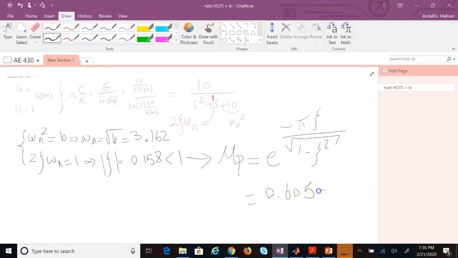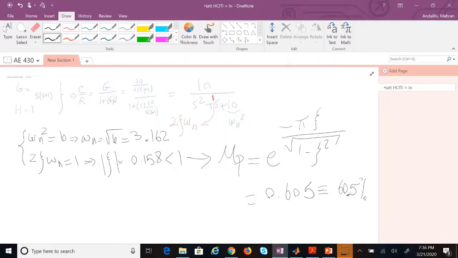Which translates to what? 60.5%, right? If it's a unit step function, instead of going to 1, it goes to 1.605 in the first peak. So I have 60% overshoot, which is quite high. That's a big overshoot. I don't want to go 60% above a step function. I just want to go a little bit above.